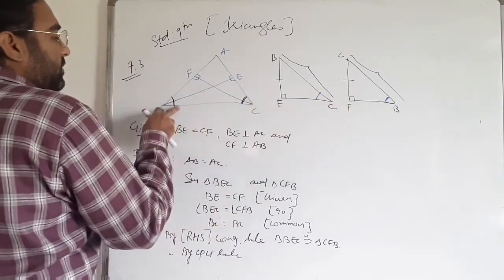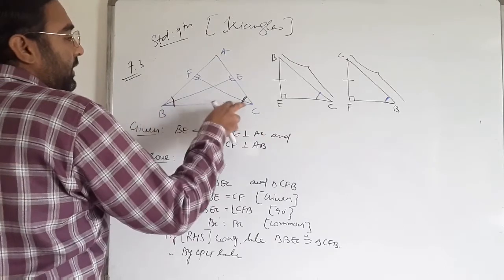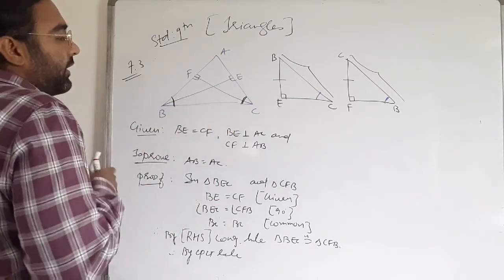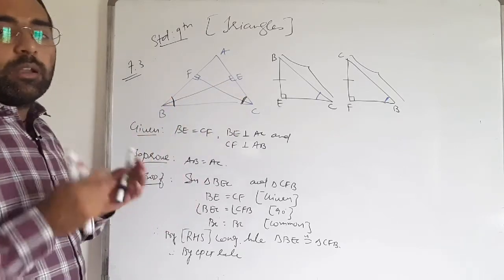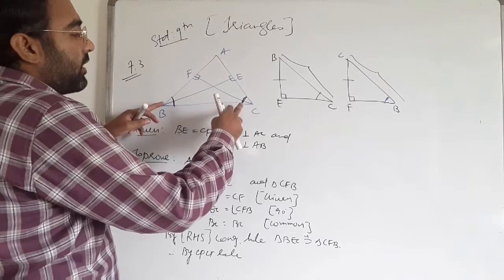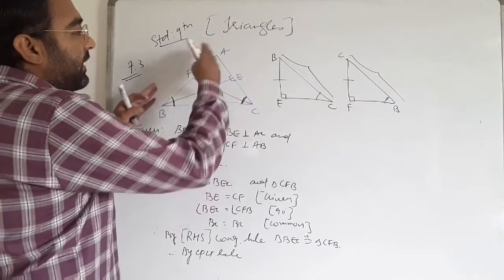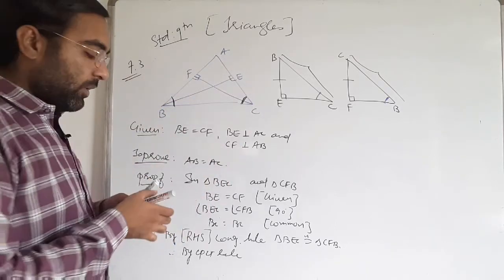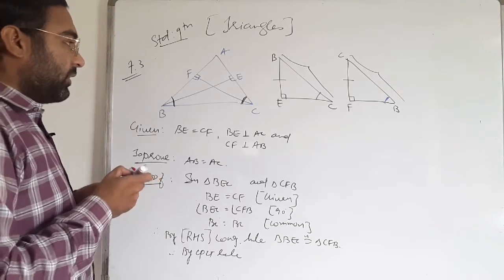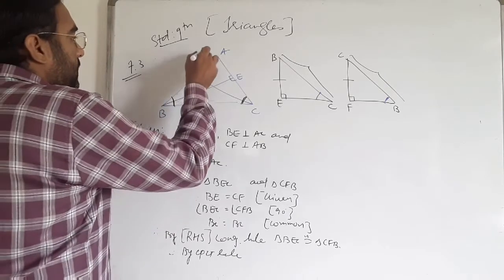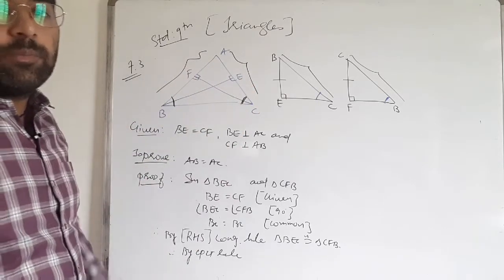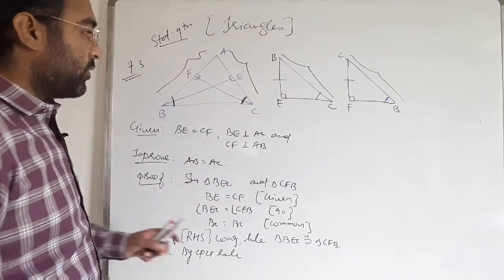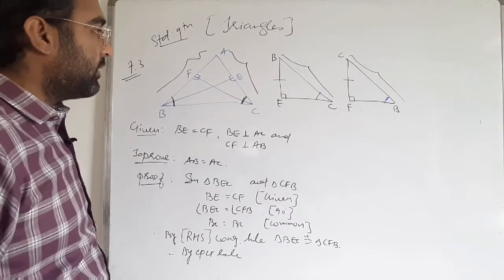Now these two triangles are shown in this figure, this angle C and this whole angle B are equal. So if two angles are equal, then their opposite sides must be equal, by the isosceles triangle theorem.